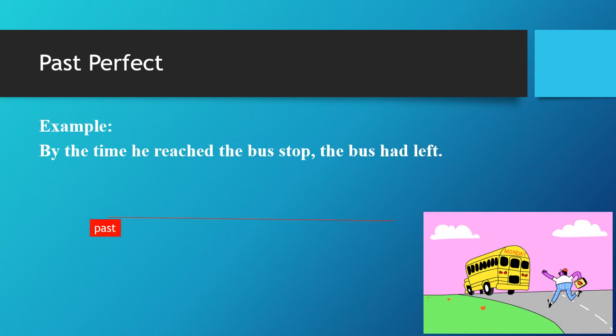In past, he left his home at 11:45 and he reached the bus stop at 12 p.m. But he couldn't catch the bus and the bus had left by the time he reached the bus stop. Right?